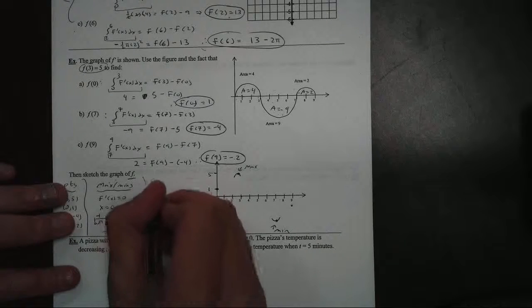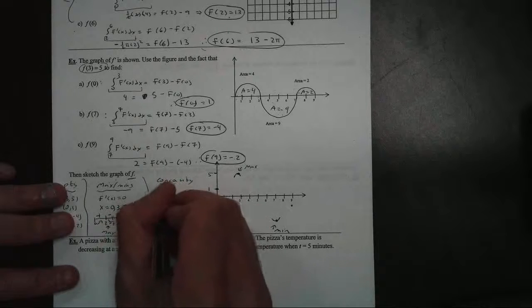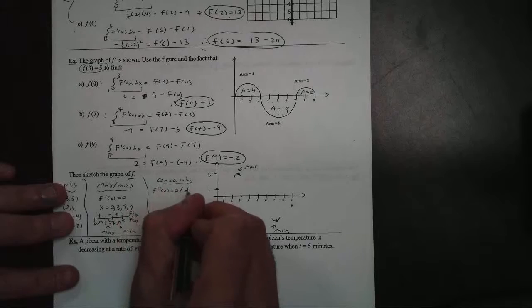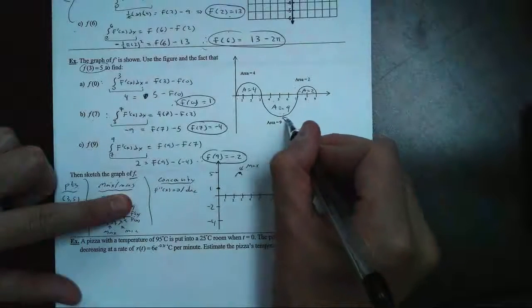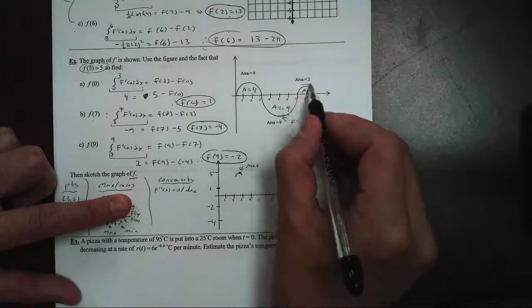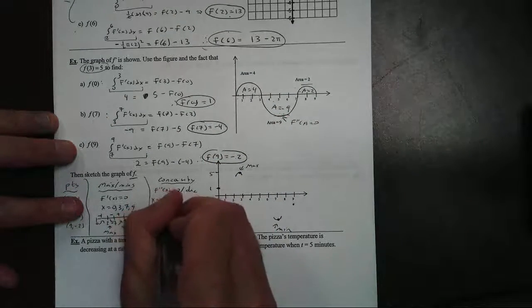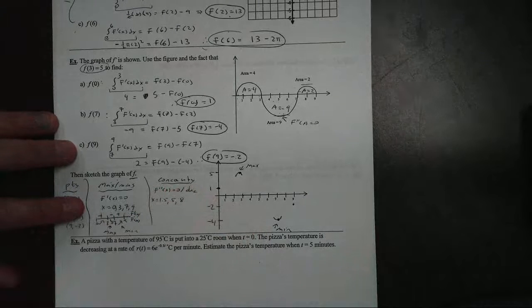Now the next thing we need is concavity. Now to get concavity, we look at the second derivative, where the second derivative is 0. And to do that, I look up here at the graph. Take a look down here. That's where my second derivative is 0. Here, here, and here. So it looks like about 1.5, 5, and 8.